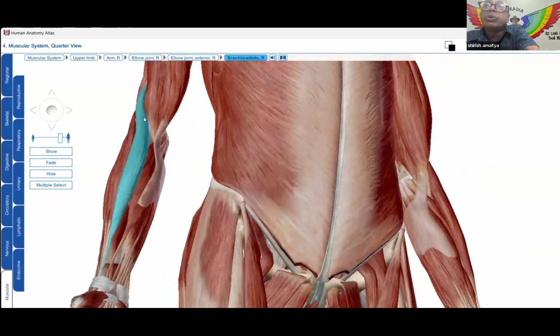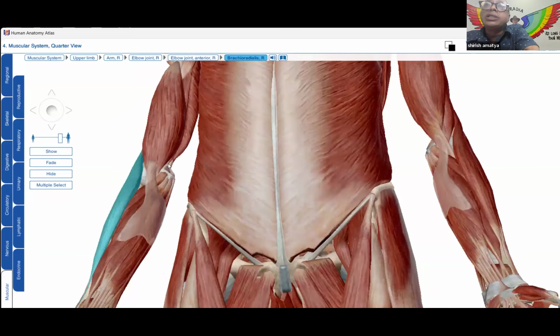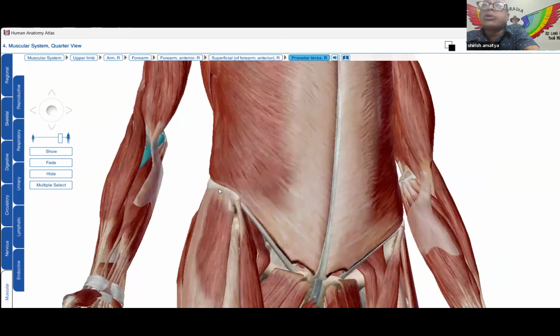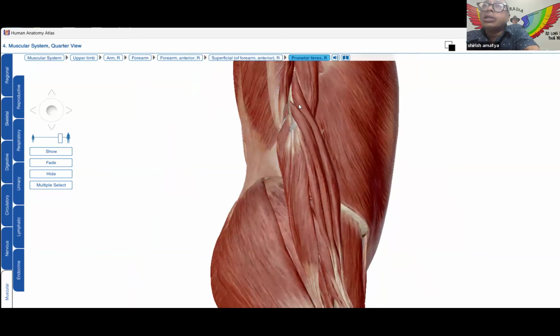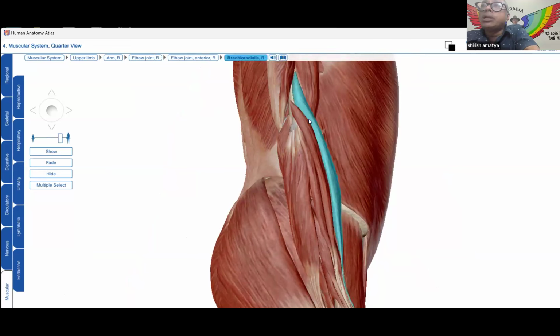So this one is brachioradialis, and in the medial side there is a group of flexor muscles, starting with this pronator teres, and these are all the common flexor tendon which is getting attached to the medial epicondyle of the humerus. And if you see the lateral aspect of the elbow joint, you can nicely see the brachioradialis is the muscle in the most lateral aspect. Then comes the extensor carpi radialis longus muscle.